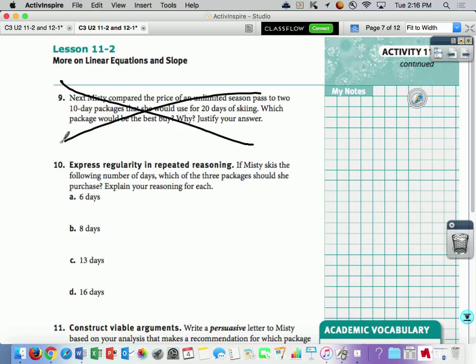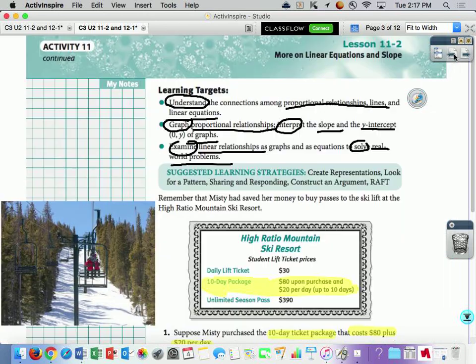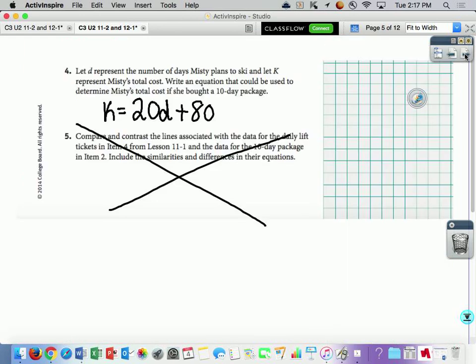Okay. If Misty skis the following number of days, which of the 3 packages should she purchase? Explain your reasoning for each. Okay, so the first thing we came up with was if she spent $30 a day. That's the first package. If we flip back, the first one is daily lift ticket, $30 a day.